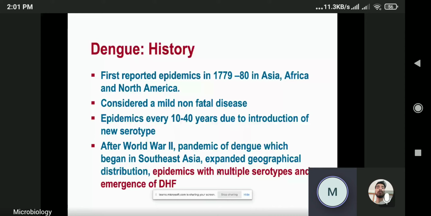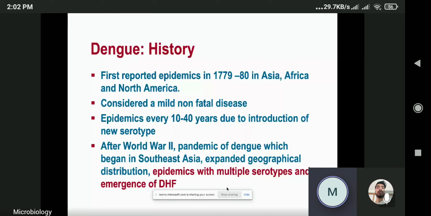That results in the more severe condition that is called dengue hemorrhagic fever. Right? Got it? Means any conditions that result in the transmission or spread of multiple serotypes of the dengue virus in a certain area may result in clinical conditions which may lead to the severe condition called dengue hemorrhagic fever, which can be life threatening if not managed. Okay, that I will discuss later on.